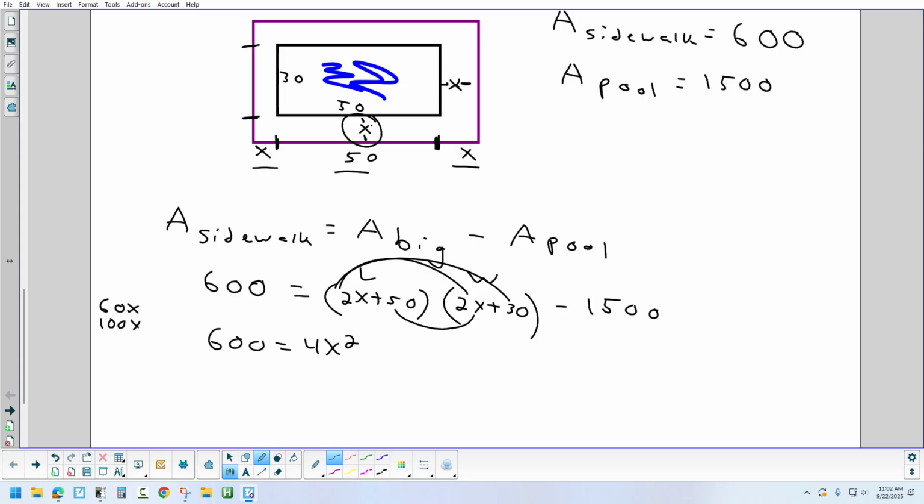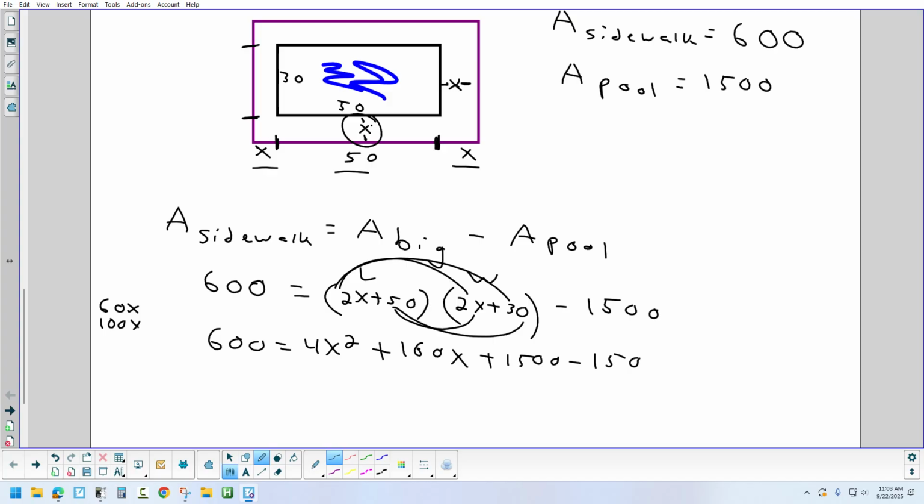So that gives me 160x. And the last calculation for the distributive is 50 times 30, which is 1,500. Yep, plus 1,500.